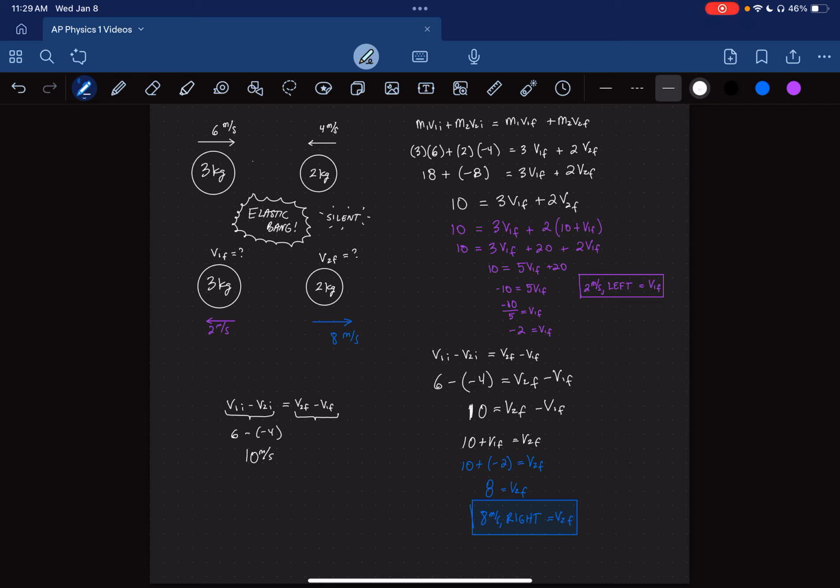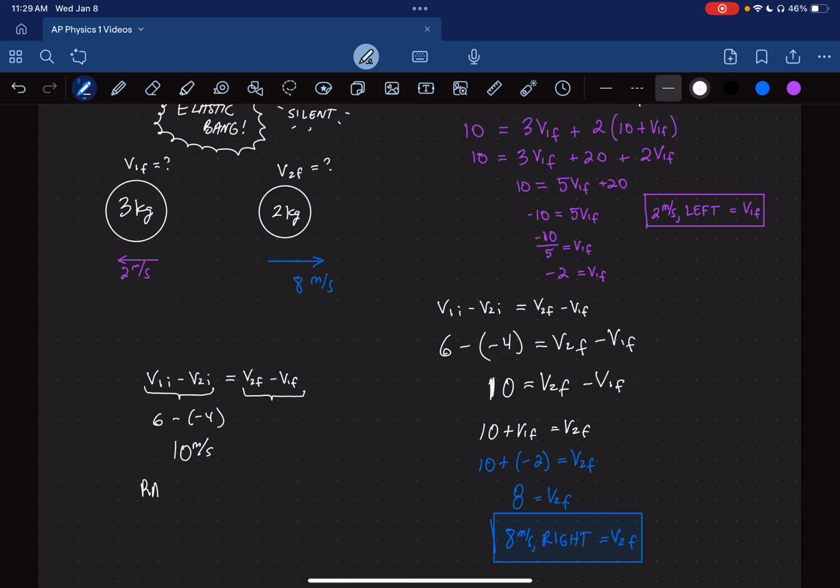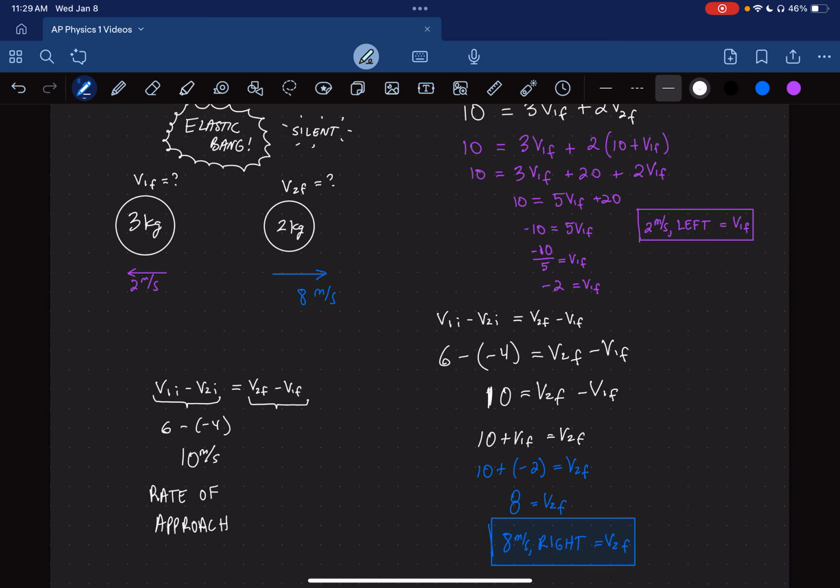When this ball is moving this way and this ball is moving this way, what is moving at 10 meters per second? And it's not any one individual ball, but it is the rate of approach. It's how fast they are approaching each other. There we go. The rate of approach.